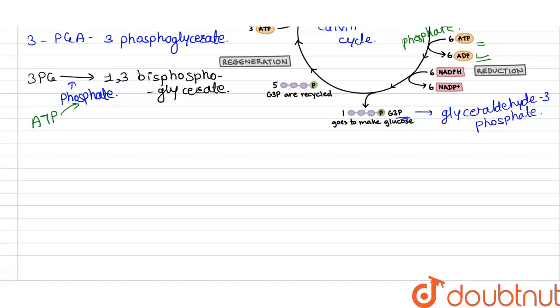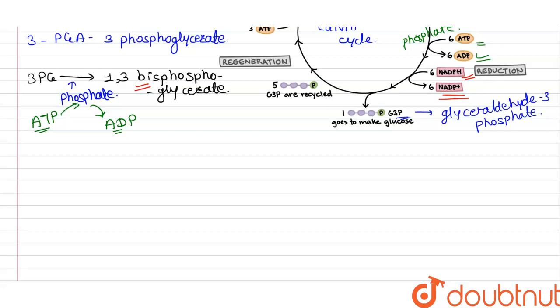So ATP will now become ADP. Adenosine triphosphate will become diphosphate, because a phosphate is being used. Then after that NADPH is used, as you can see NADPH is getting converted into NADP plus. So here hydrogen is being removed, and this removed hydrogen will be used in the 1,3-bisphosphoglycerate. What will happen? Let's see.